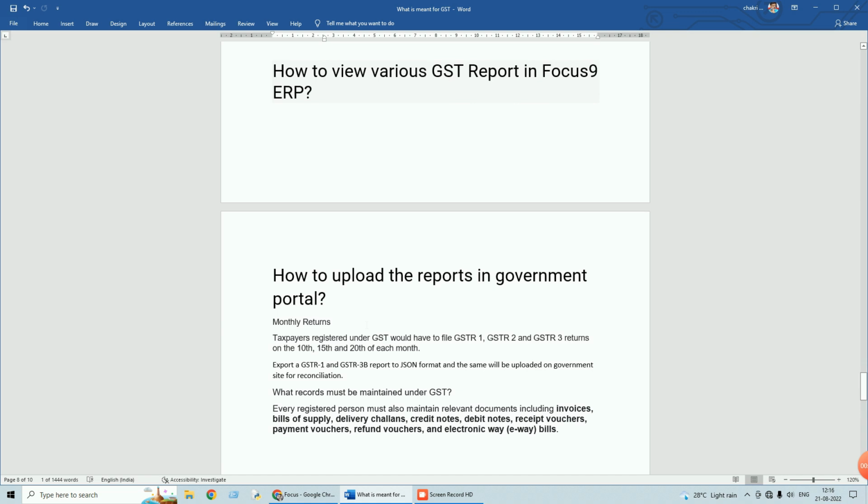So to upload these, we need to extract the report. We need to export GSTR1, GSTR2, GSTR3B to JSON format. Government will ask for the JSON format to upload, so we export these reports and upload them on the government side.